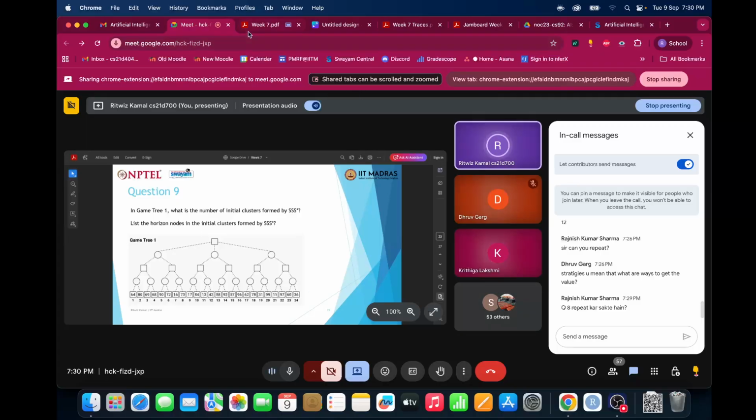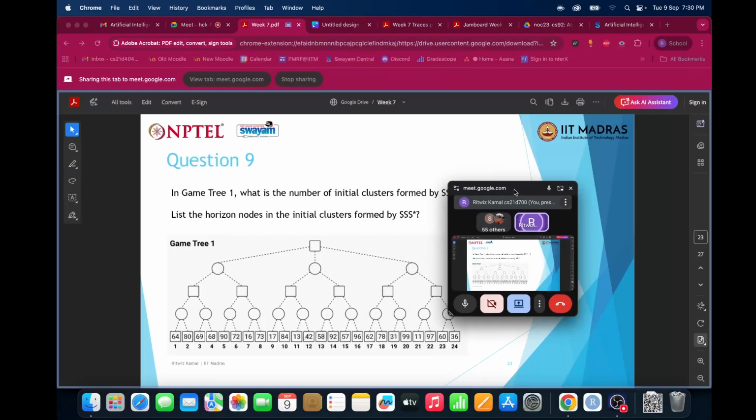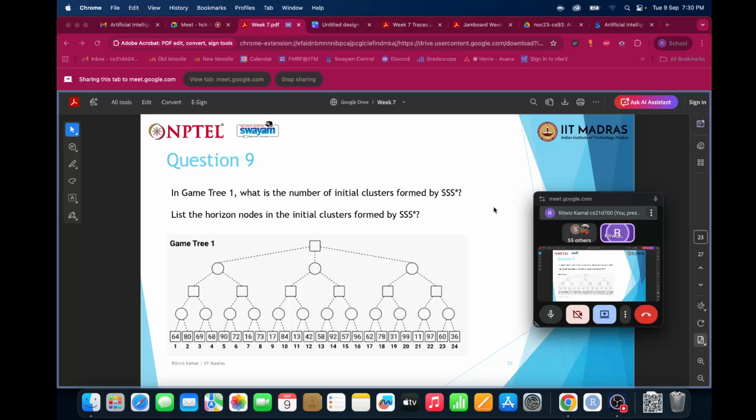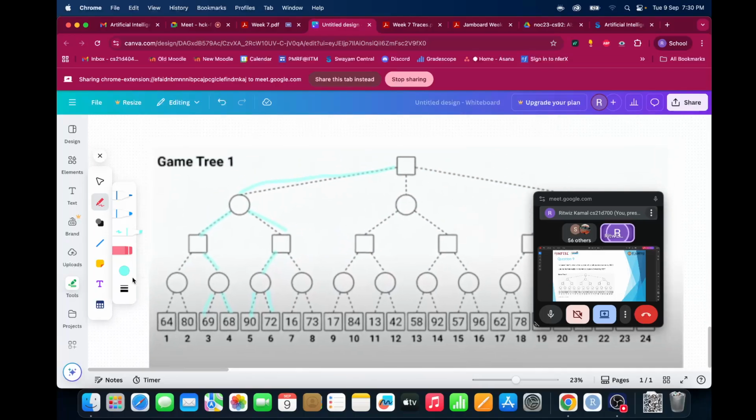Now that we have understood how we come up with the initial clusters for the SSS star algorithm, let's get into the algorithm itself. SSS star functions by using a priority queue. Let me erase this first.